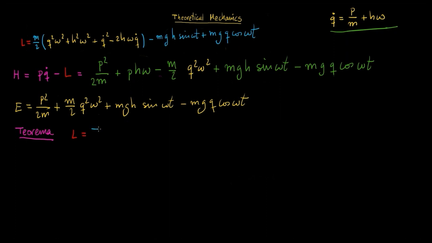If L has the shape T2 plus T1 plus T0 minus V2 minus V1 minus V0, where the 2, 1, 0, etc. remind us of the dependence on q dot squared, q dot to the power of 1 or to the power of 0, then the theorem states that the Hamiltonian will be, for sure, T2 minus V2 minus T0 plus V0.